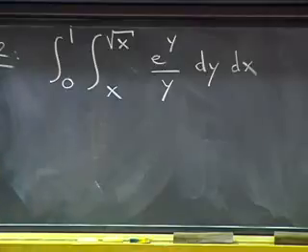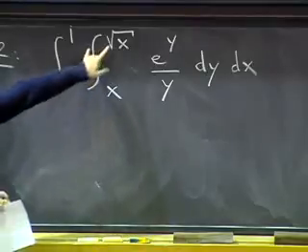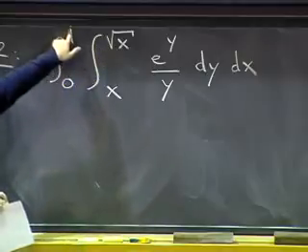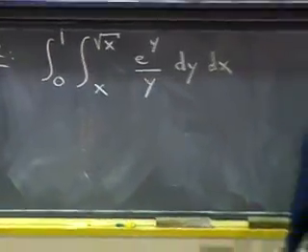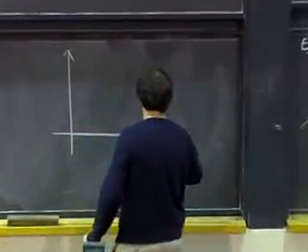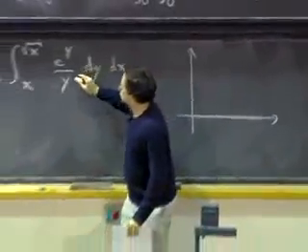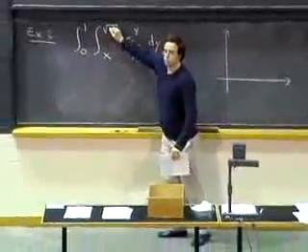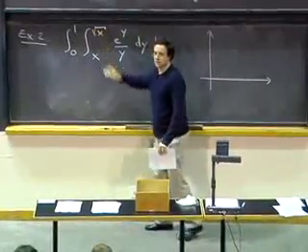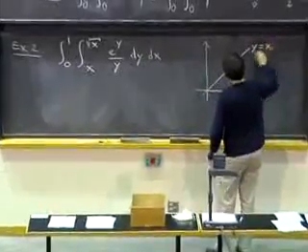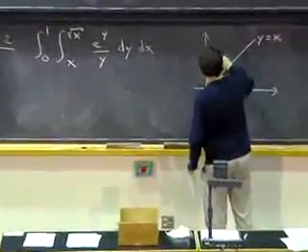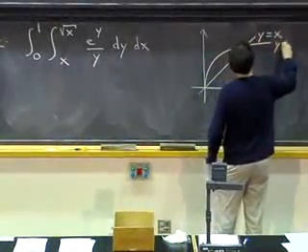So instead, we'll try to switch the order. But to switch the order, we have to understand what these bounds mean. So let's draw a picture of the region. Well, what we're saying is y goes from y equals x to y equals square root of x. So let's draw y equals x and y equals square root of x.